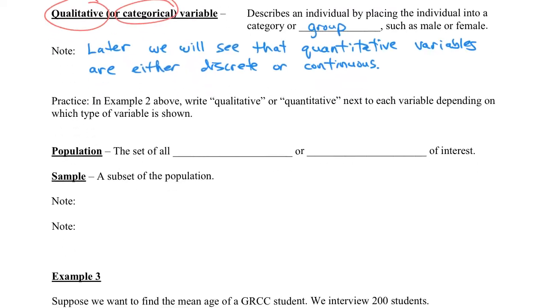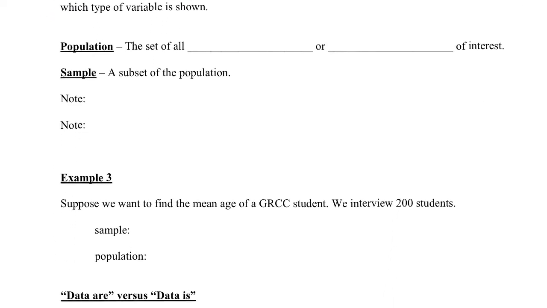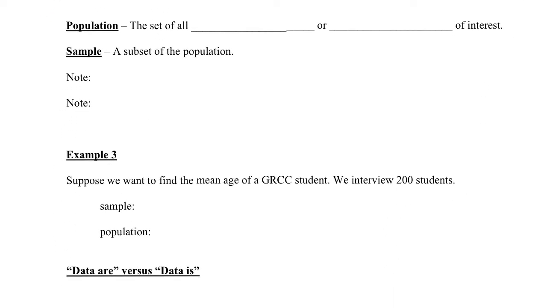Okay, so that brings us down to some more definitions. And this one's gonna throw you off a little, maybe, because our book uses kind of an unusual definition for population. And as I told you, there's a lot of things that are not written in stone.